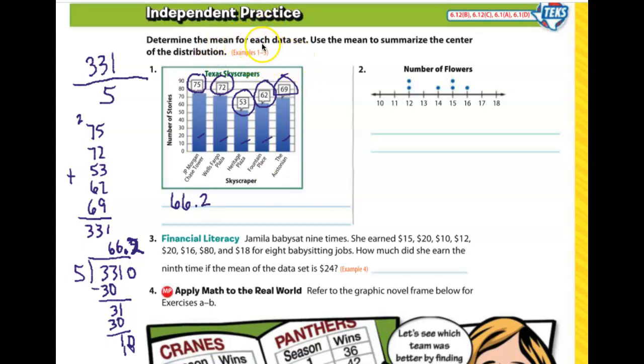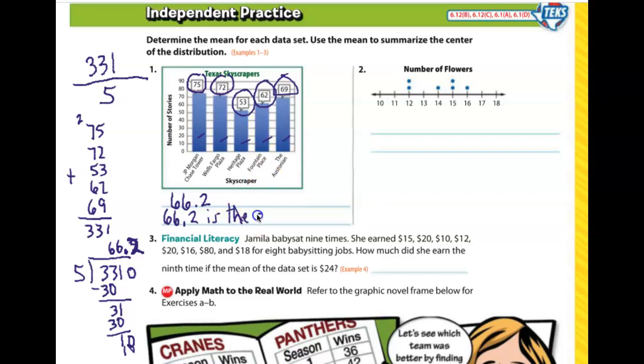It says to find the mean, but it says use the mean to summarize the center of the distribution. So basically, all you have to say is 66 and 2/10 is the, whoa, my pen is crazy.